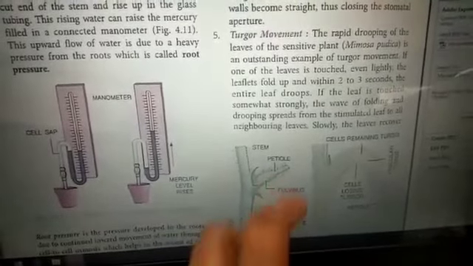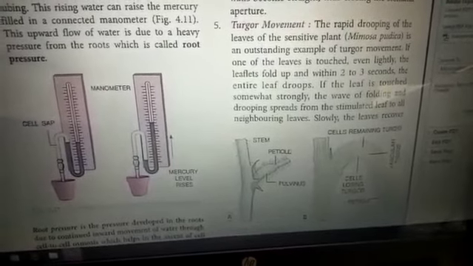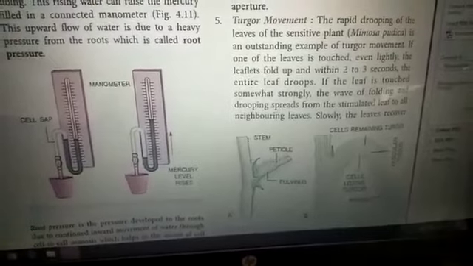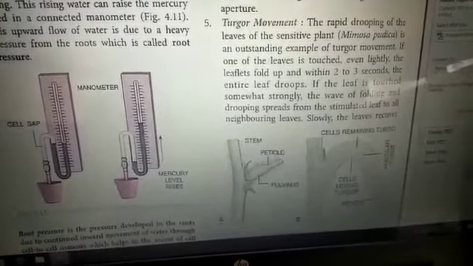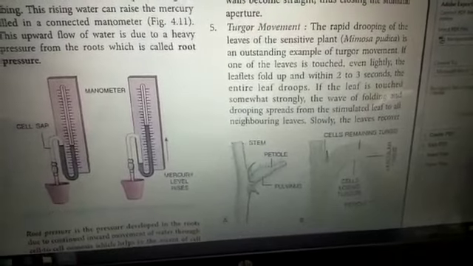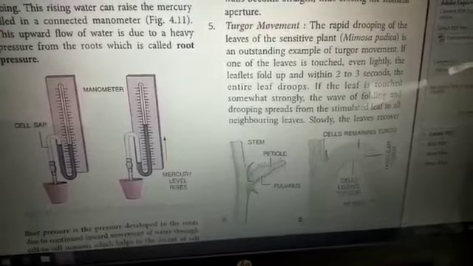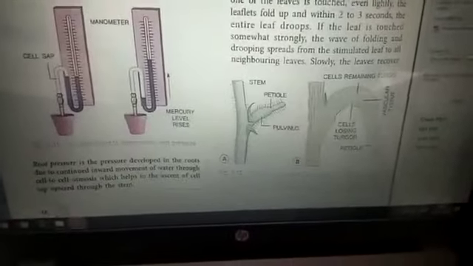This pulvinus is full of water. When you touch it, the water concentration is lost, and thus the leaf droops and folds. Later, slowly, through osmosis, when it regains water from the nearby cells, it opens up. That example has been explained over here.